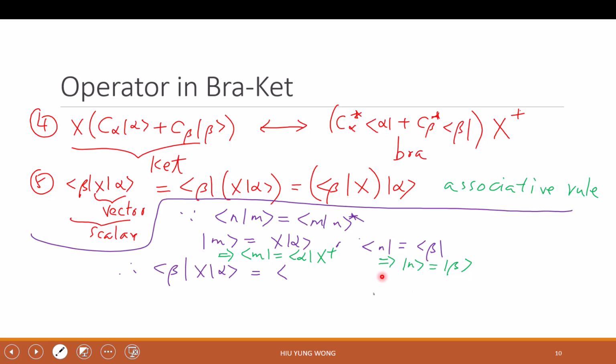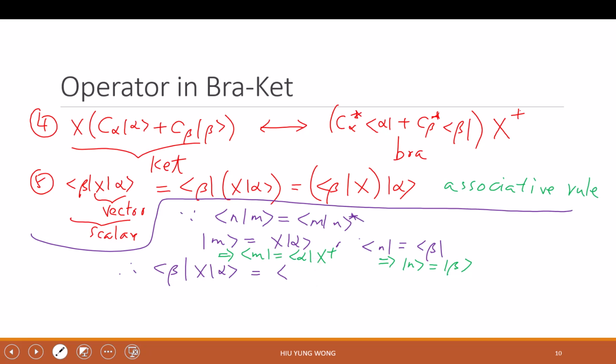I don't need to do anything. Its corresponding ket is just N. Make sense? You don't do any operation here. Just like this, M becomes M bra. I don't do any operation. Alpha should become bra, but I do the operation for the matrix and the scalar, not the vector.